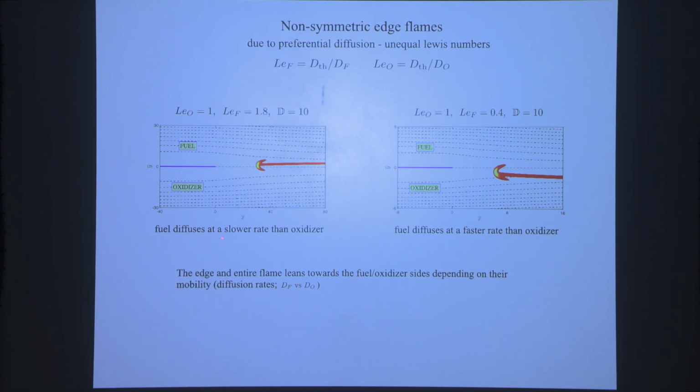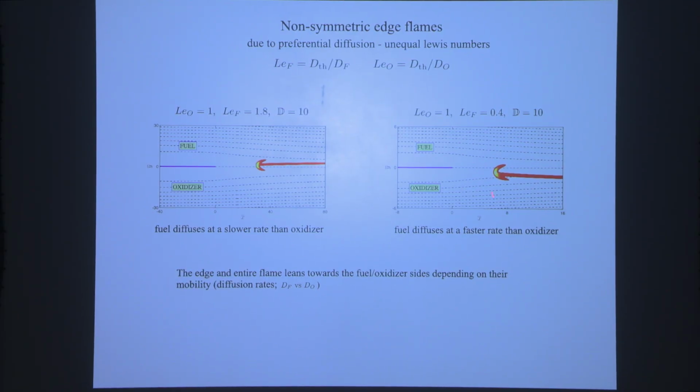So fuel diffuses at slower rate. And so if the fuel diffuses at a slow rate, the tendency will be for the flame to go essentially towards it, which is what you see here. It's not very significant, but it is somewhat.